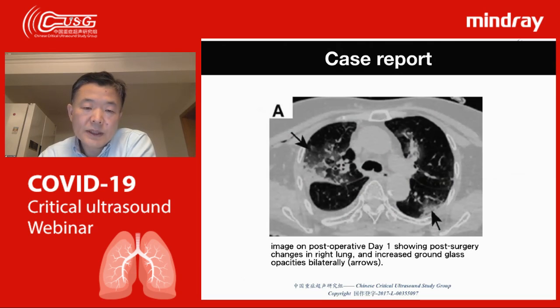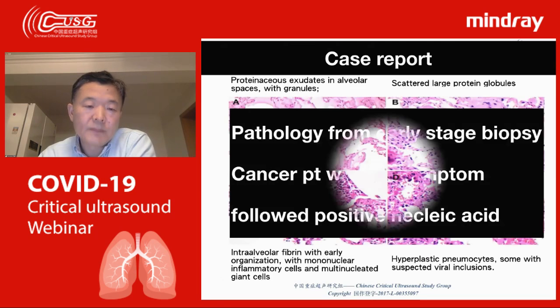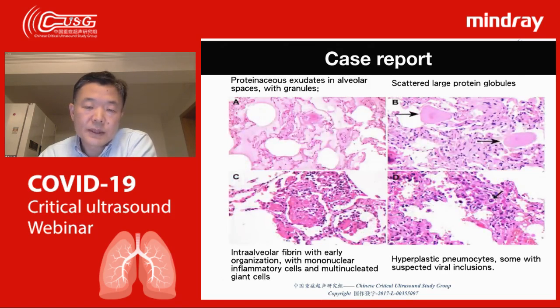In this condition, you can also see they used this tissue to do a biopsy and it gives us some information.